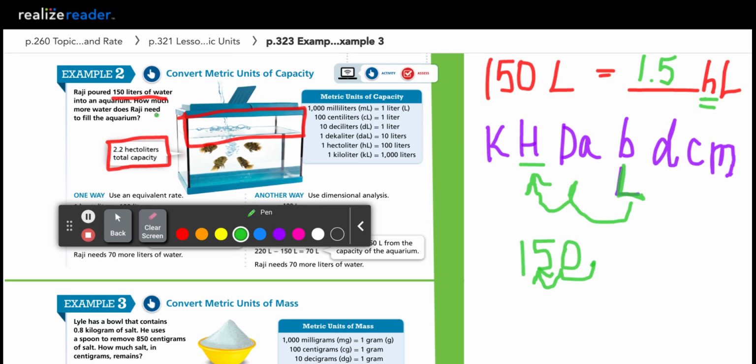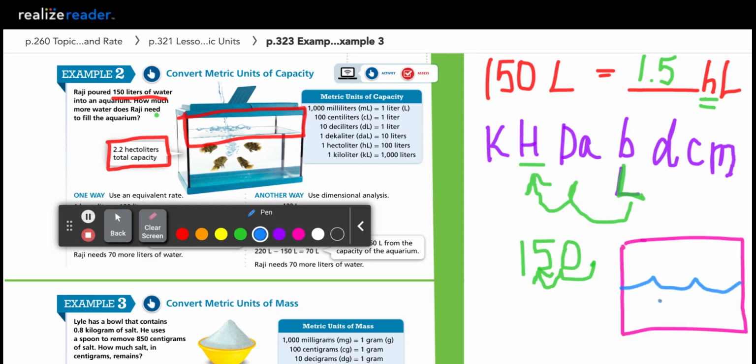Well, right now, I'm going to redraw my little picture here. Right now, let's see, we have a fish tank. Here's my fish tank. So we have a fish tank here that has 1.5 hectoliters of water in it. The whole fish tank can hold 2.2 hectoliters.